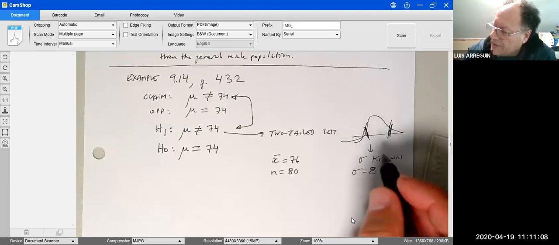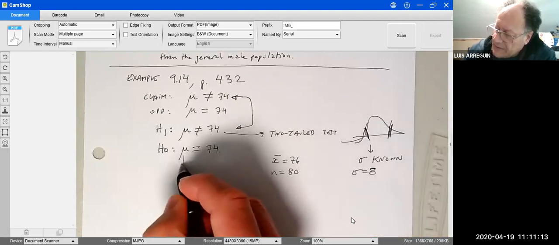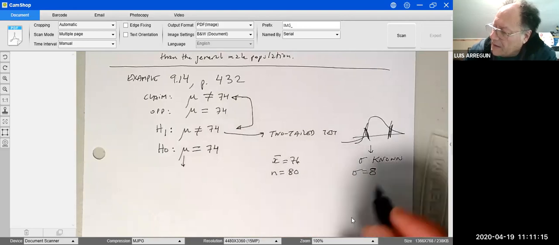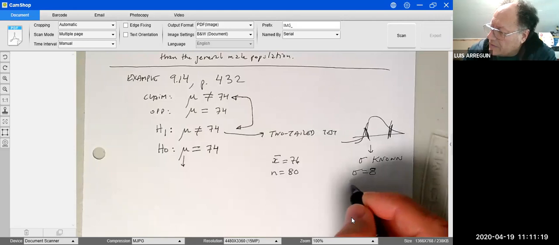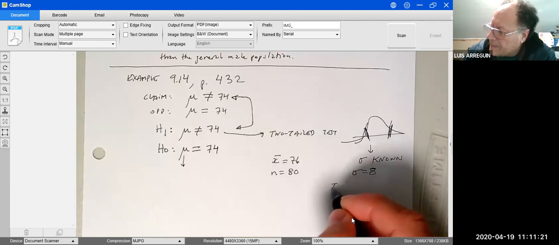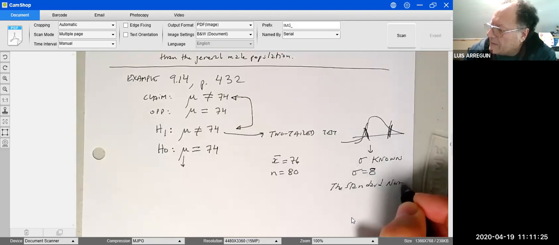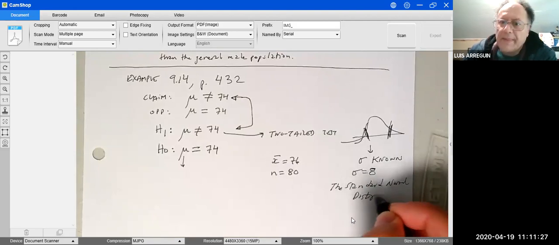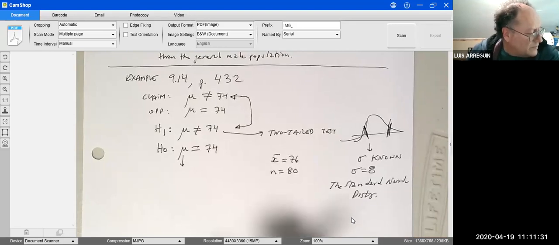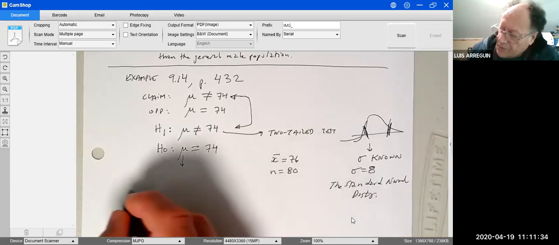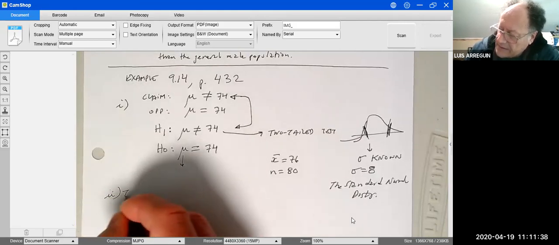And from the parameter that we are testing, which is mu with sigma known, we're going to use the standard normal distribution again. So we only need to compute our test statistic.